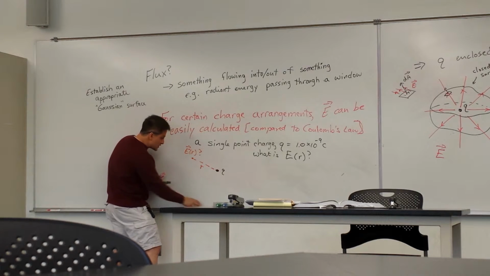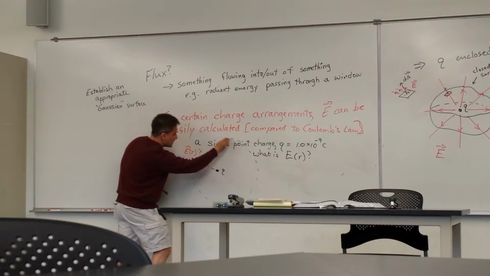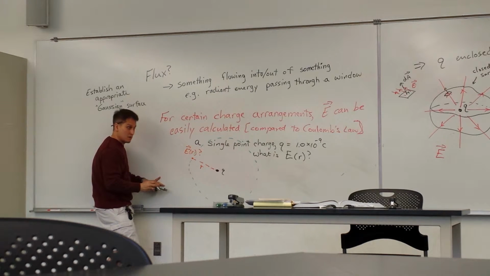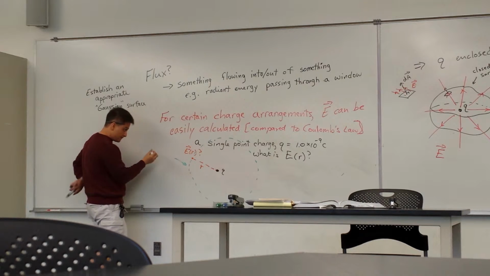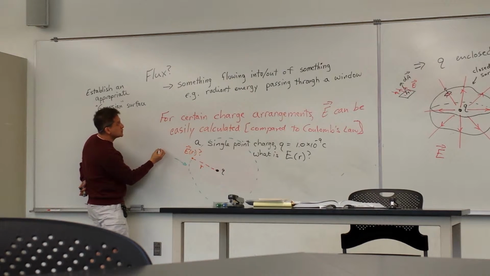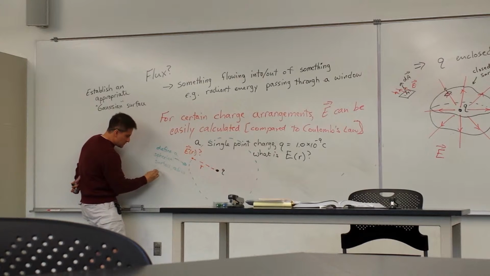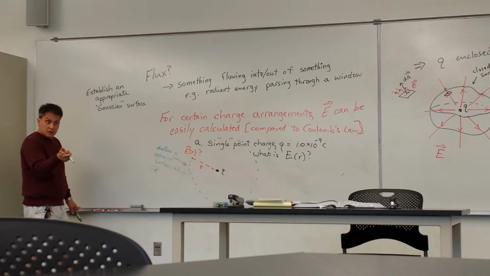So, first thing I might do is say, well, if I make a sphere, a spherical surface with radius r, not big R, centered at the point charge.